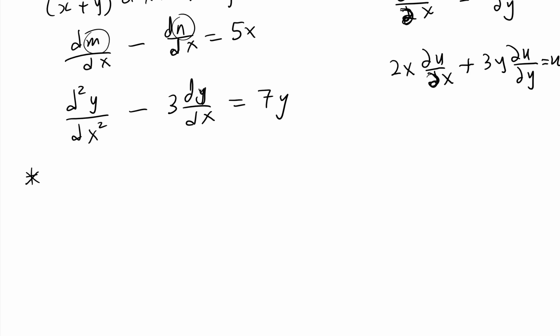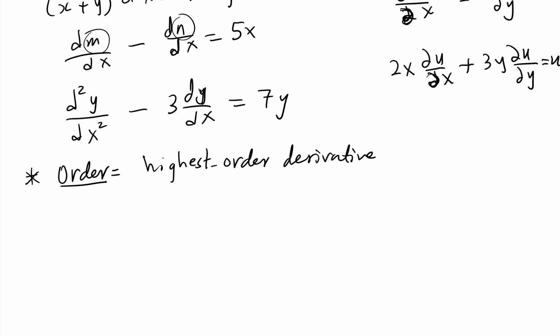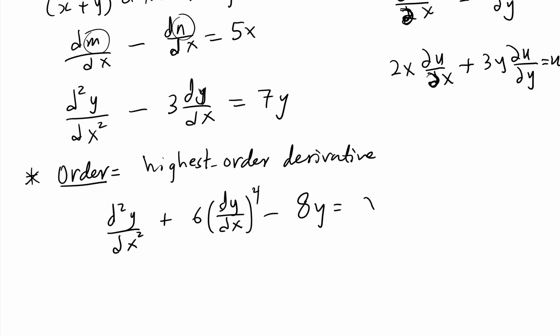The next thing is the order of differential equations. The order is basically the highest order derivative. For example, let's say we have d squared y/dx squared plus 6 (dy/dx) to the 4th power minus 8y equals x.